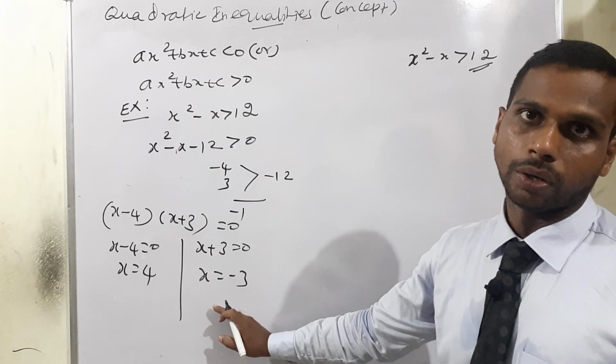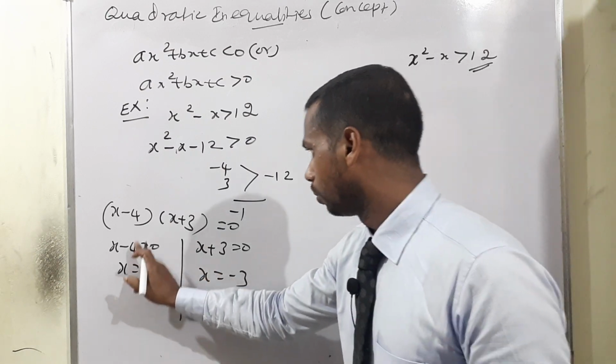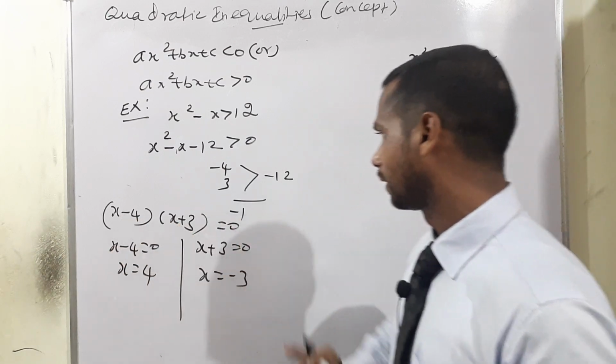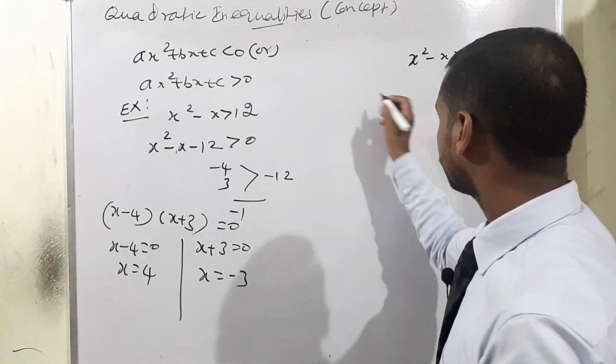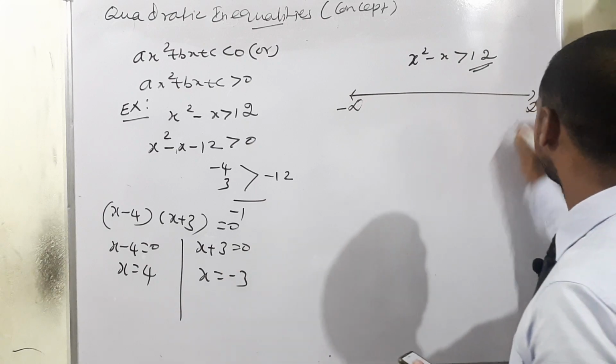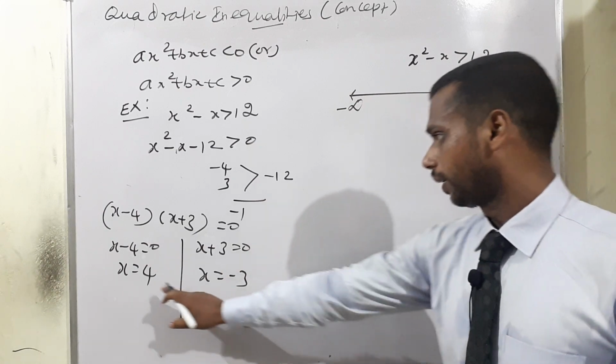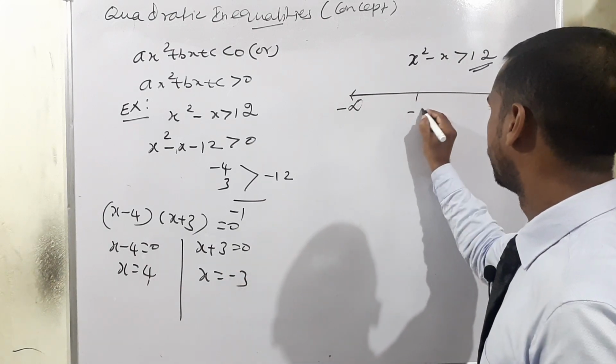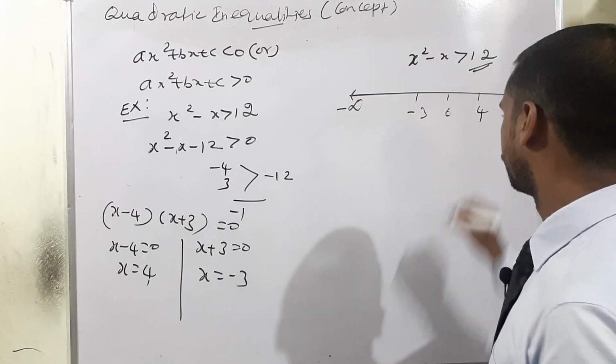Okay, quadratic inequalities method. So now what do we have to do? What are the factors we have? x minus 4 and x plus 3. Therefore, take one number line, from minus infinity to positive infinity. What are the factors we have? 4 and minus 3. So minus 3, 0 and positive 4.